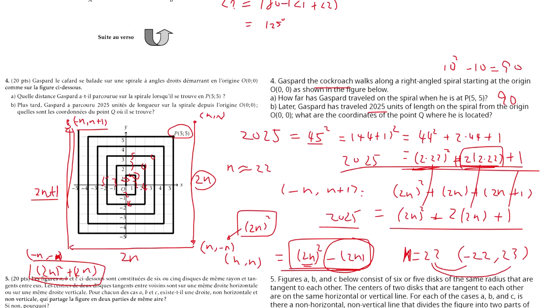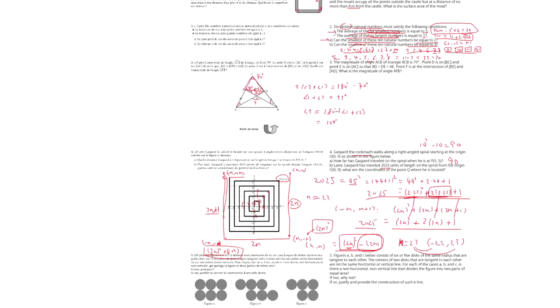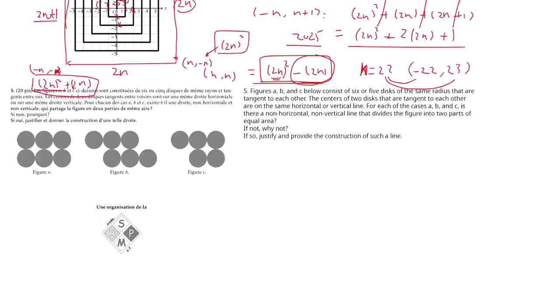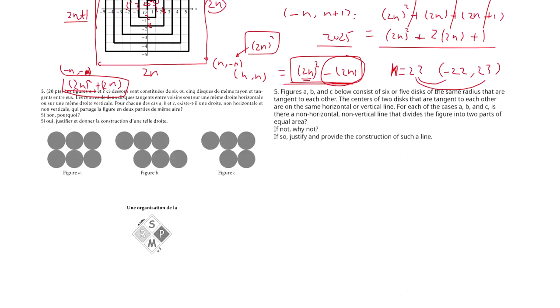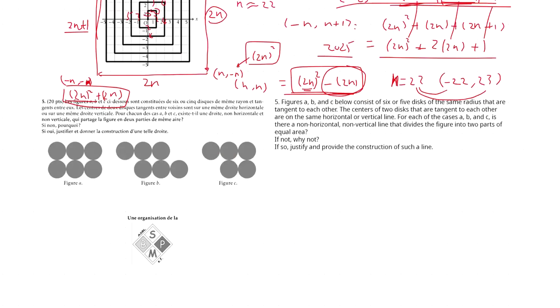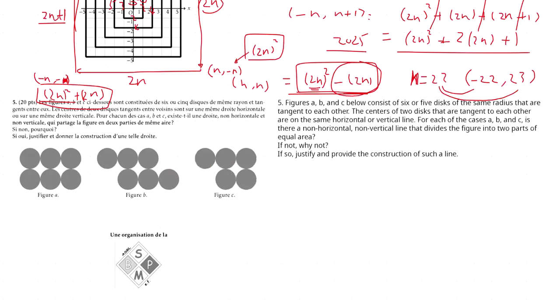Last question. Something about the symmetry. So the question states that figure A, figure B, and figure C show some combination of disks or circles in gray.